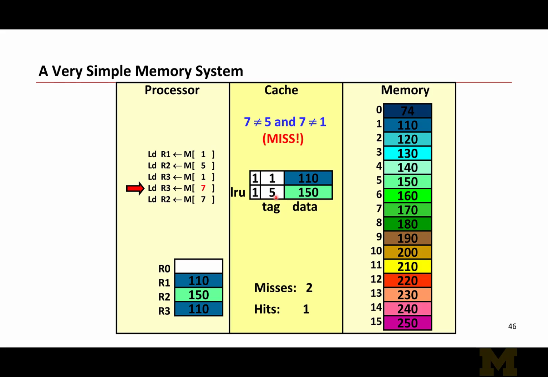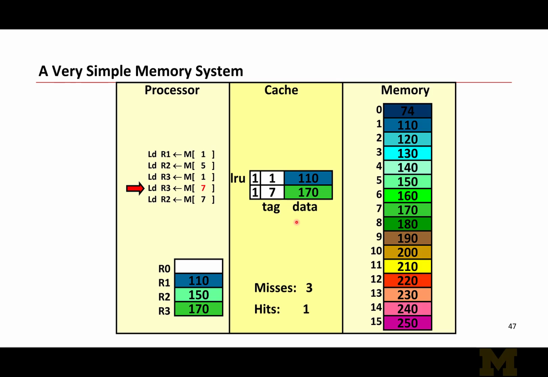So I would evict the address 5, replace it with the address 7, and bring the data for 7 from memory, overwrite the data with the new data, and return the value to the processor and update the register file. Unfortunately, we have encountered one more miss, so we have 3 misses and 1 hit so far.